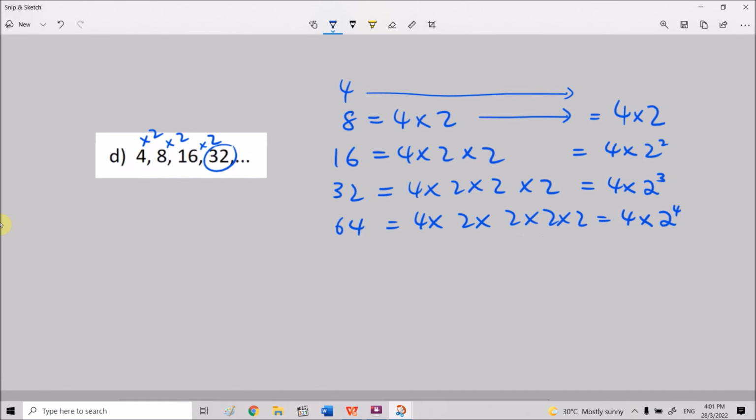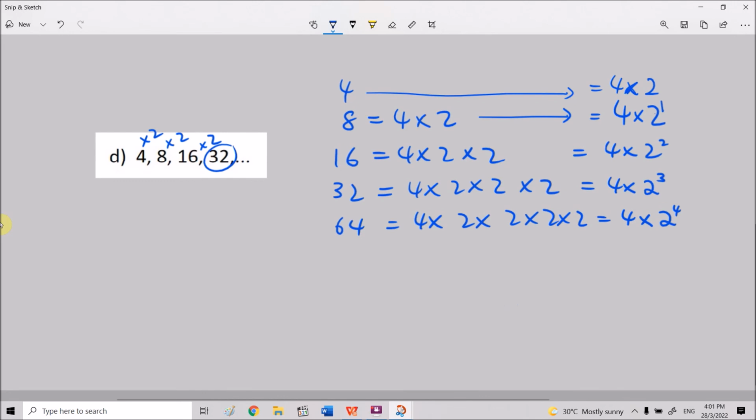Then how about the first one? We have 4 times 2 to the power of what? Okay, back to this. You see here the powers. Actually this is power 1. Even though it is not written, it is power 1, because any value to the power of 1 is the value itself.